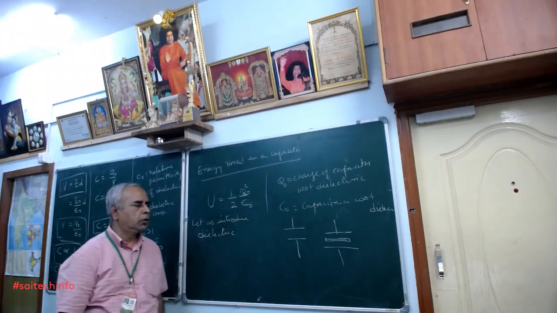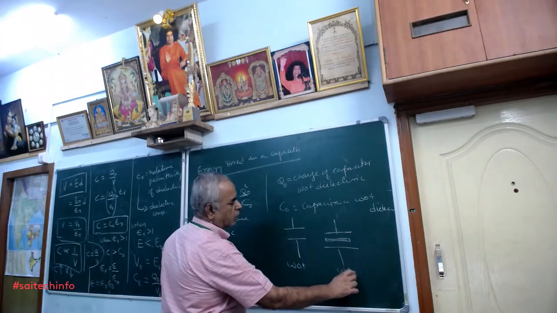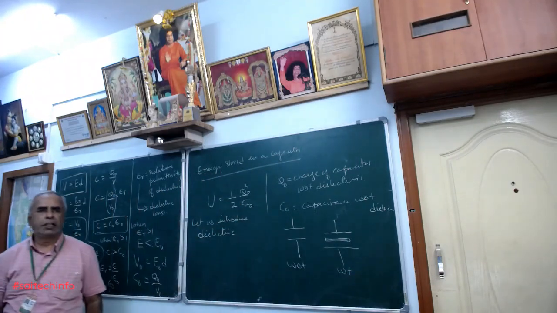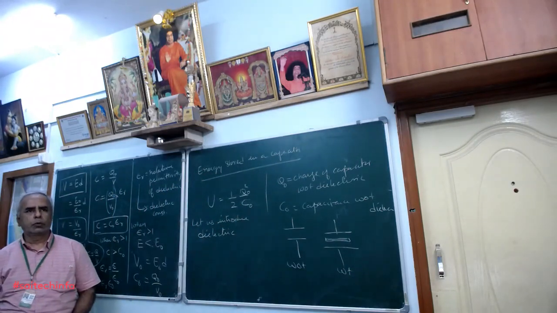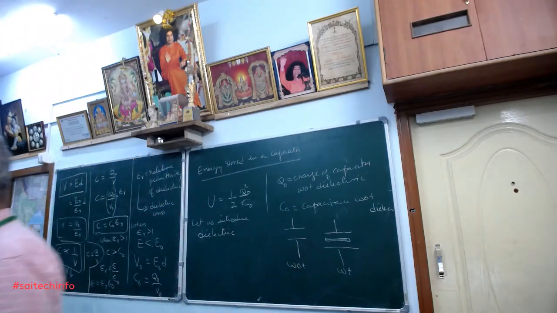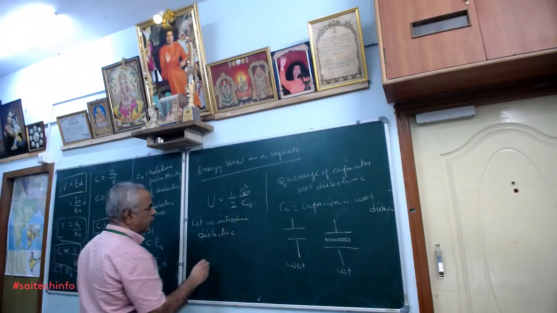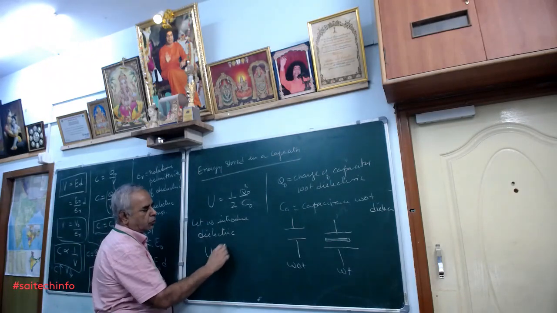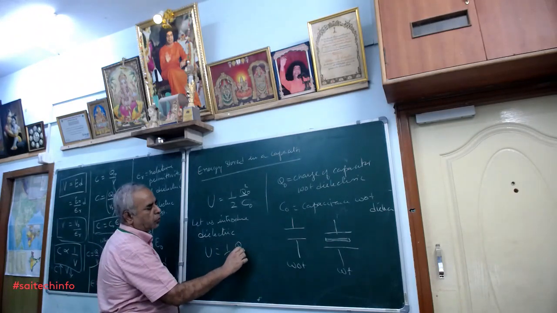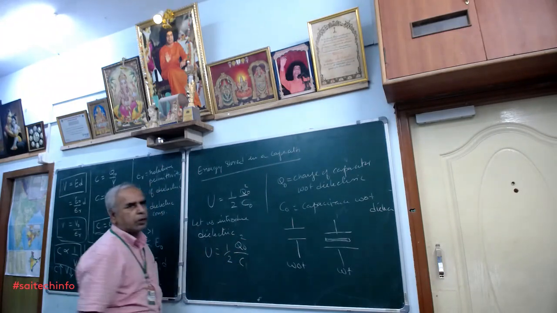So this is without, this is with dielectric, right? So we have to replace this C naught by C. So U is equal to 1 by 2 Q naught square divided by C.